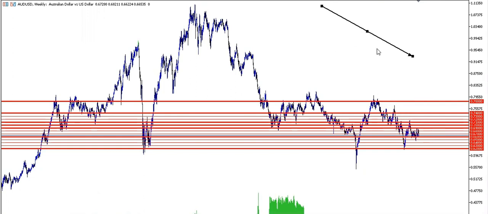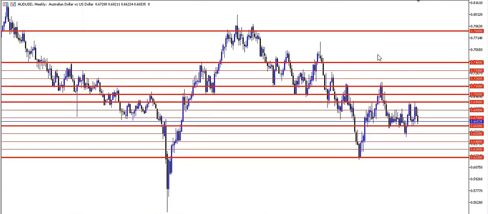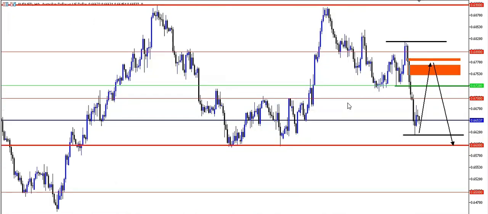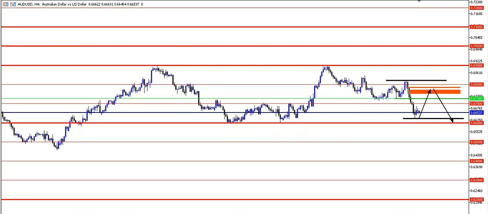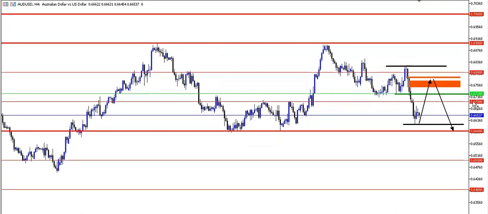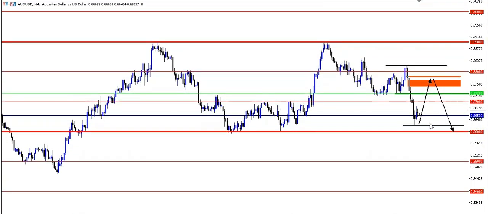So putting that in mind, and price trades from zone to zone, I think it's time to leave the 0.69 zone, then we're headed to the 0.66 zone, then to the next zone, 0.62000. Okay, so this is what I'm looking for.